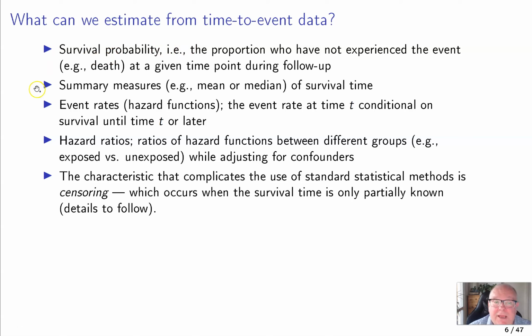We can also estimate summary measures of this, for example, the mean survival time or the median survival time. We can also estimate event rates: at any point in time, what is the rate at which the event occurs. So if the event is death, this would be a mortality rate. If the event was disease incidence, this would be an incidence rate.